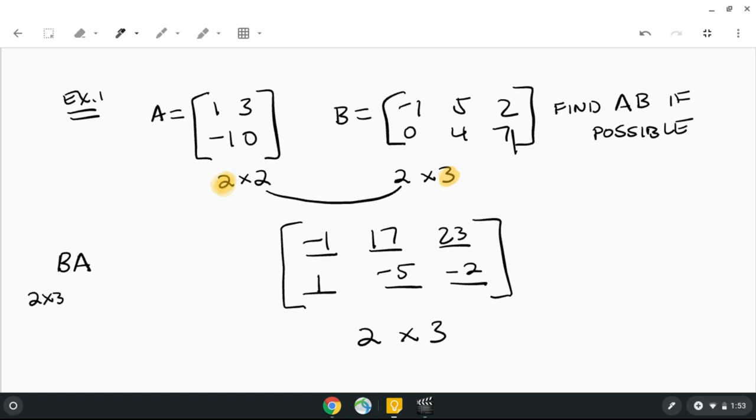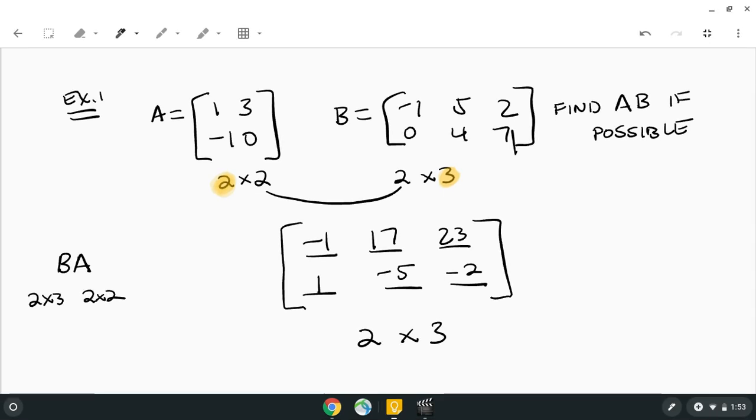We see that these inside numbers right here don't match. We have 3 and a 2. They do not match, so we cannot do this multiplication B times A. So we see here matrix multiplication is not commutative. Okay, so that's something to kind of notice.